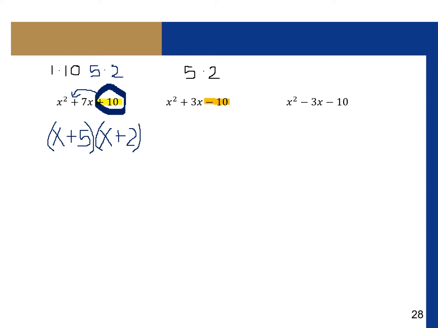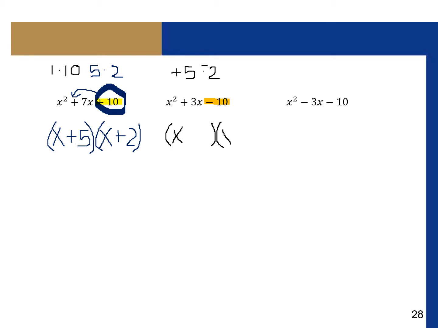Okay, so I have 5 and 2, and I'm going to subtract and get a positive 3. Well, that would mean that my 5 would have to be positive, and my 2 would have to be negative. So here I go. I have x in the front of each parenthesis.